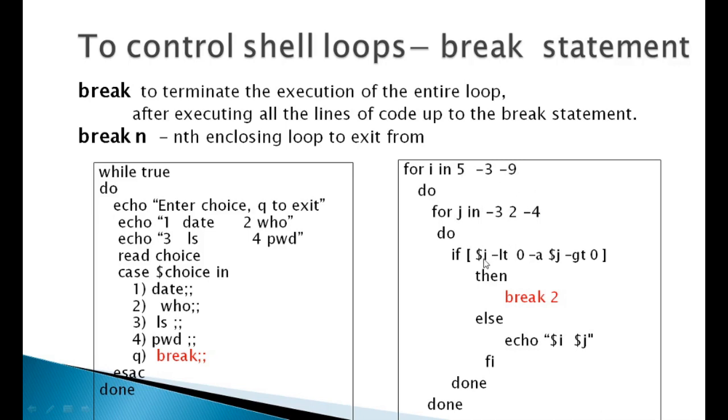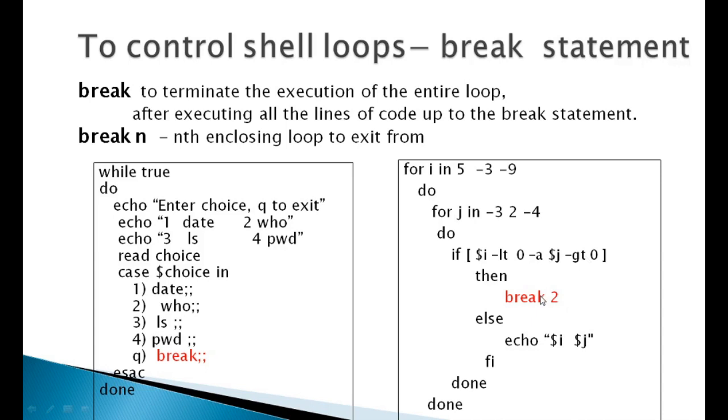But here I just check if i is less than 0 and, with -a, combine two conditions, and j is greater than 0. That means I want to check that the i value must be less than 0, that's a negative number, and j must be greater than 0, that means j must assume a positive number. When these two conditions arise, then I'm breaking out.